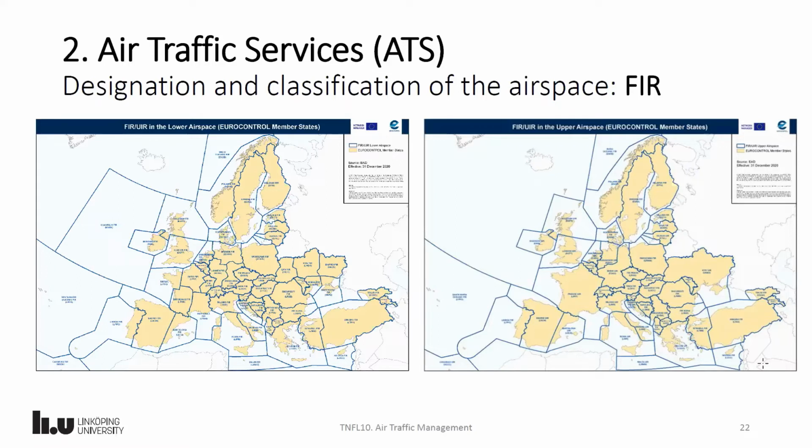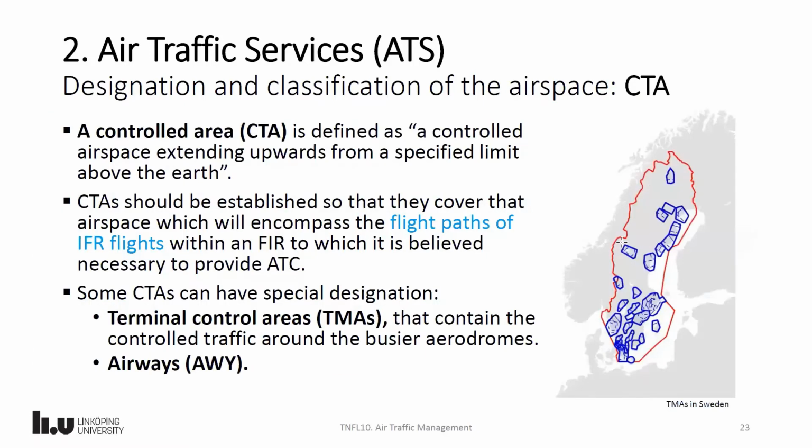And as I said, the flight information regions are those regions where both flight information service and alerting service are provided. That does not mean that the air traffic control service is provided in the whole flight information region. In particular, the ATC is going to be performed in this class of airspace, which are the control areas.